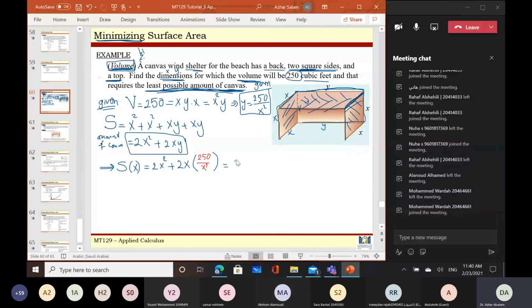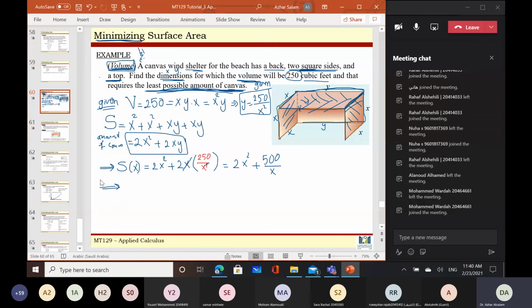It equals 2x square, nothing will be changed here. But here, I will divide 1x from the top and 1x from the bottom, and I will multiply 2 by 250. So it will be plus 500 divided by x. Clear? I cancelled x from the numerator with x from the denominator and multiplied 2 by 250, and got 500. This is the function s.